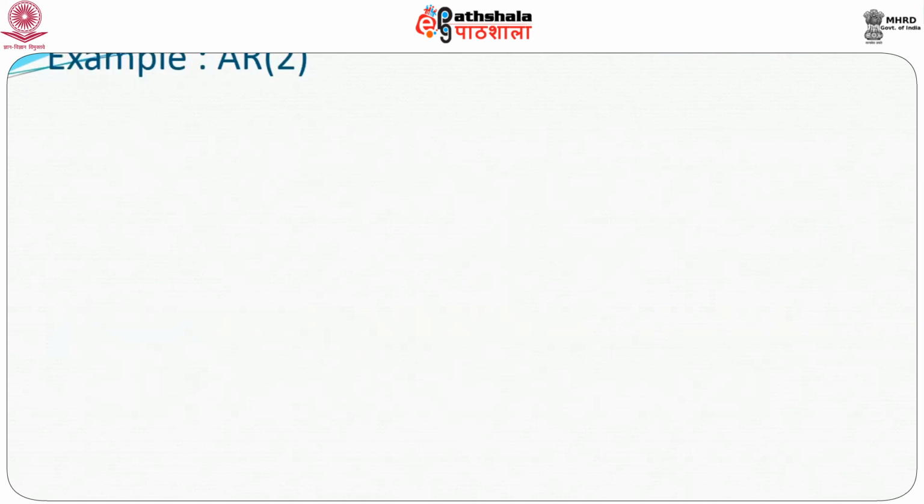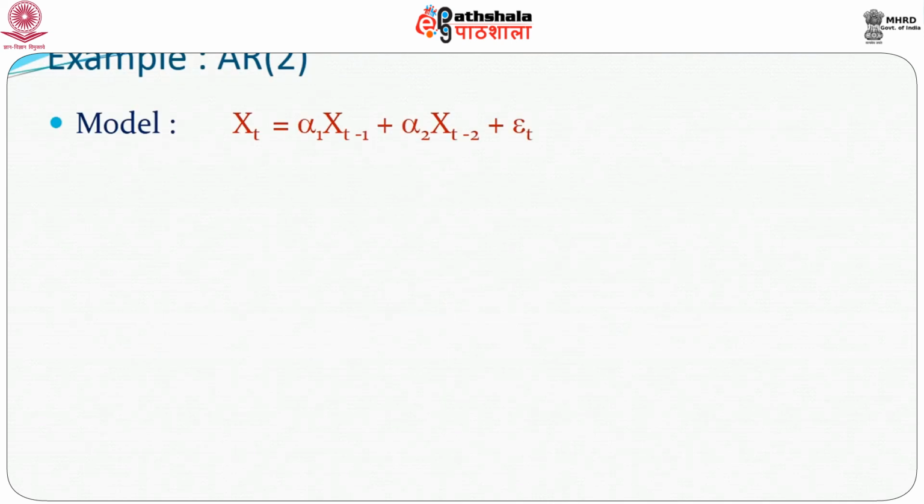Let us look at an example, the AR(2) model. So here x_t is alpha_1 x_{t-1} plus alpha_2 x_{t-2} plus epsilon_t.